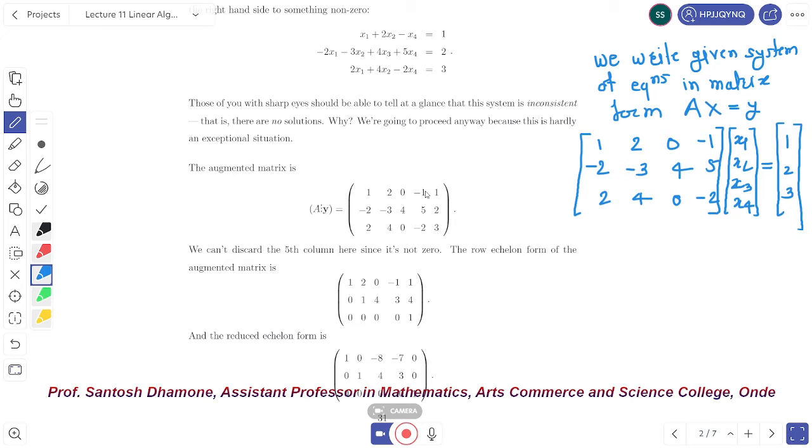In the last problem we took this column as 0, and therefore we removed it and only wrote matrix A. But this is a non-homogeneous system of linear equations, and in the last lecture we studied homogeneous systems. Now we find the row echelon form of the augmented matrix.